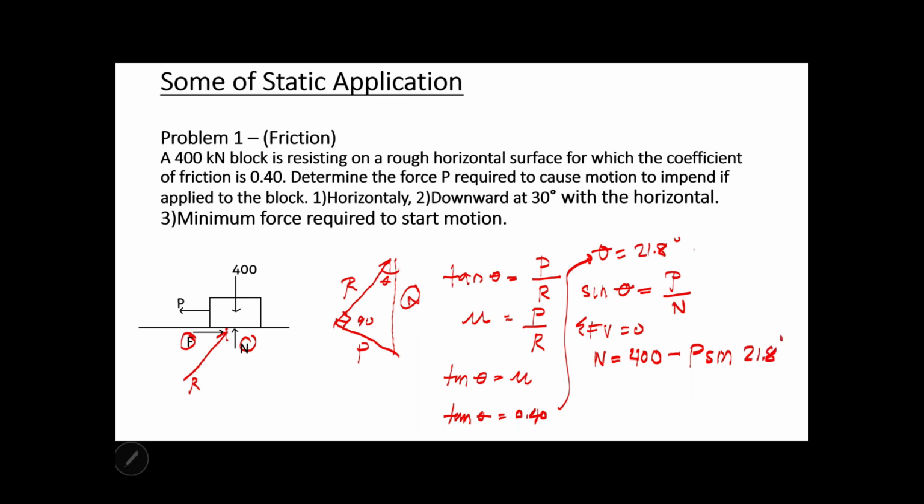So, we now have N in terms of P, so we can substitute: sine of 21.8 is equals to P over 400 minus P sine of 21.8 degrees. So we can solve P by our calculator. P is equals to 130.54 kilonewton. Okay, yun yung answer. Okay, thank you.